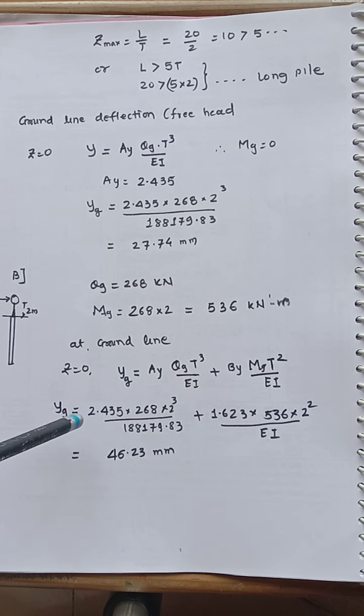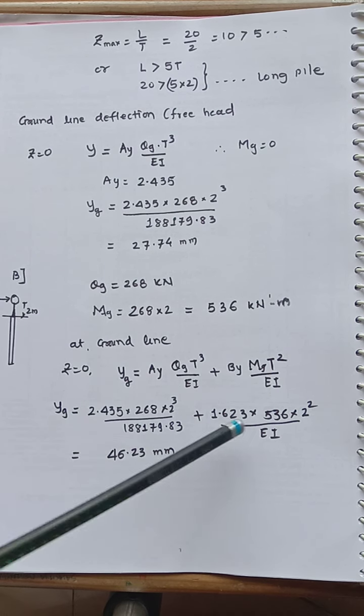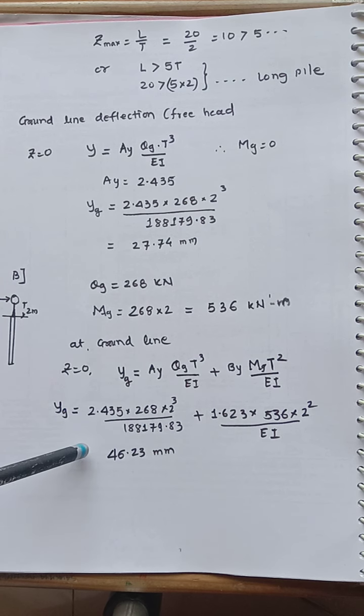Now substitute all the values here, and you can calculate the deflection, which is 46.23 mm. So in this way the deflection is obtained when the load is applied at a certain distance, here 2 meter, under the free head condition.